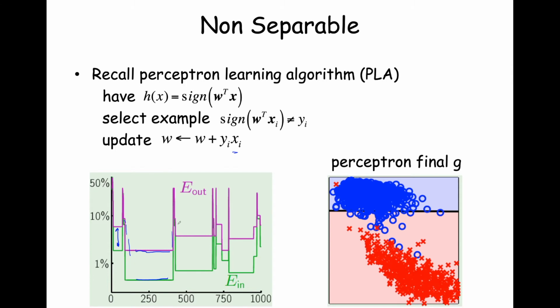And that increase is due to when you correct for a misclassified example, you might be damaging an already correctly classified example. And so we see after a number of rounds, 1,000 many rounds, we see that it halts and we have an expression for E in and E out.